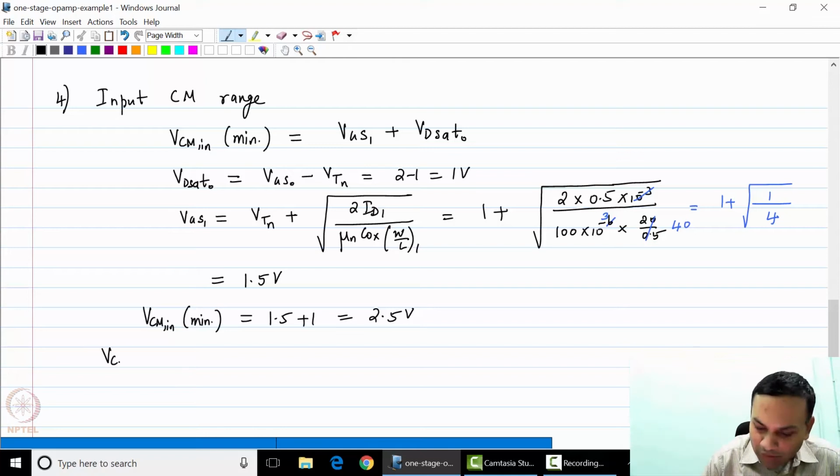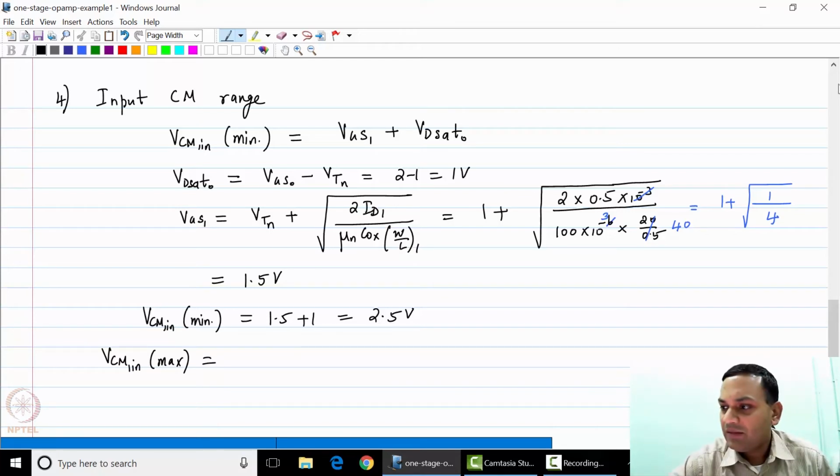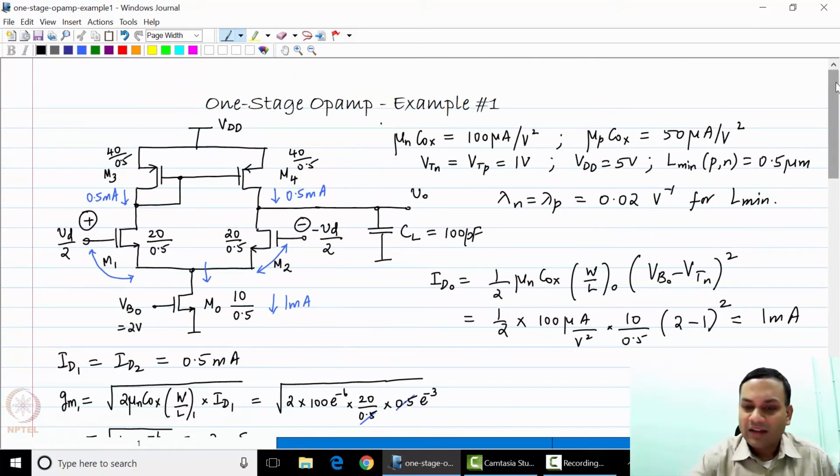What about the maximum input common mode? As we have seen before, as we start increasing the input common mode, the gate of M1 increases, but the drain of M1 stays constant at VDD minus VSG3, and therefore the limit is given by the point when M1 just goes into triode region.